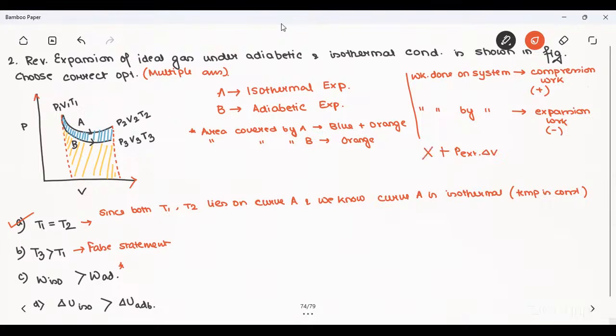No. You will always use the formula minus P external delta V. In your answer, you will automatically get this value in plus. And for the work done by the system, you will use the same formula, minus P external delta V, whatever formula I have taught you. But you will automatically get the answer in negative. Is this part clear?